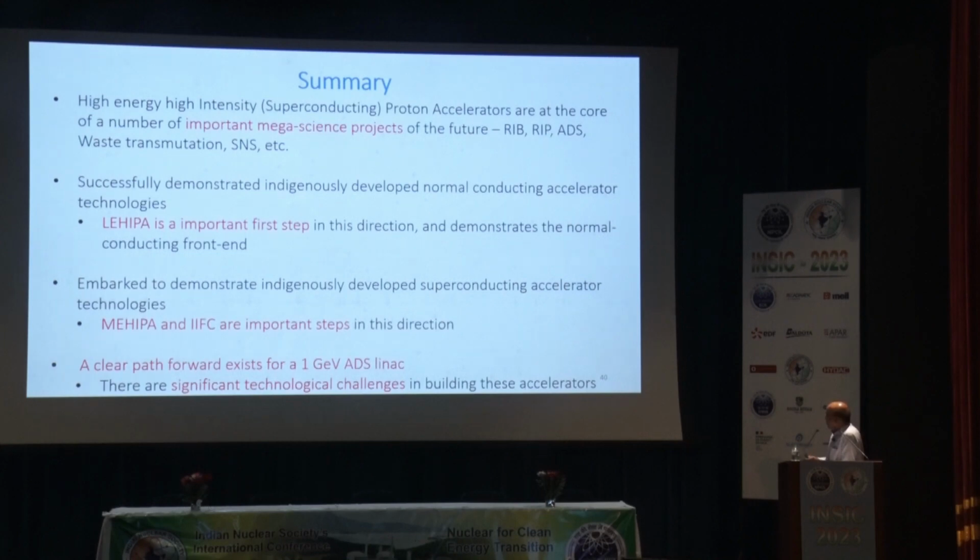Now we are embarking to demonstrate the indigenously developed superconducting accelerator cavities integrated to the accelerator. The 40 MeV accelerator is our immediate accelerator which we have already proposed. And along with IFC, we have made considerable progress in mastering the technologies required for the full 1 GeV accelerator. And a very clear path forward exists for a 1 GeV accelerator. And no doubt there are significant technological challenges still existing, which hopefully we will be able to overcome in future.